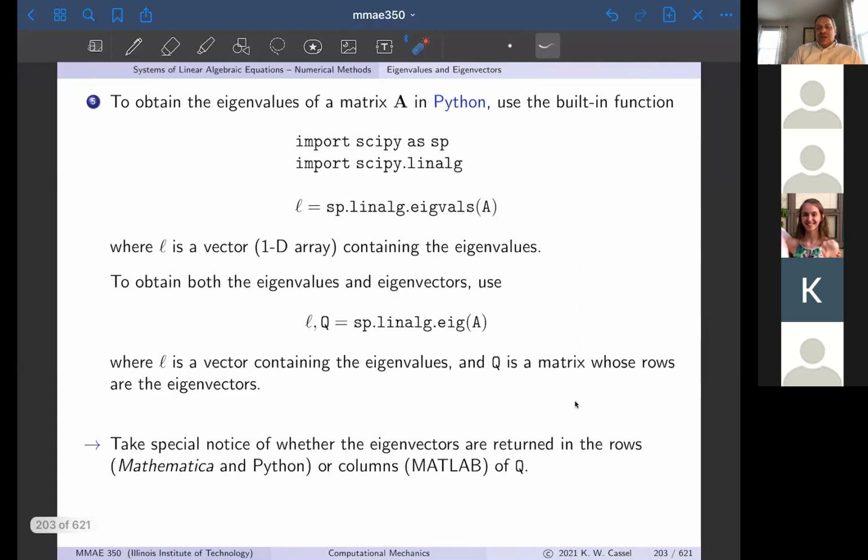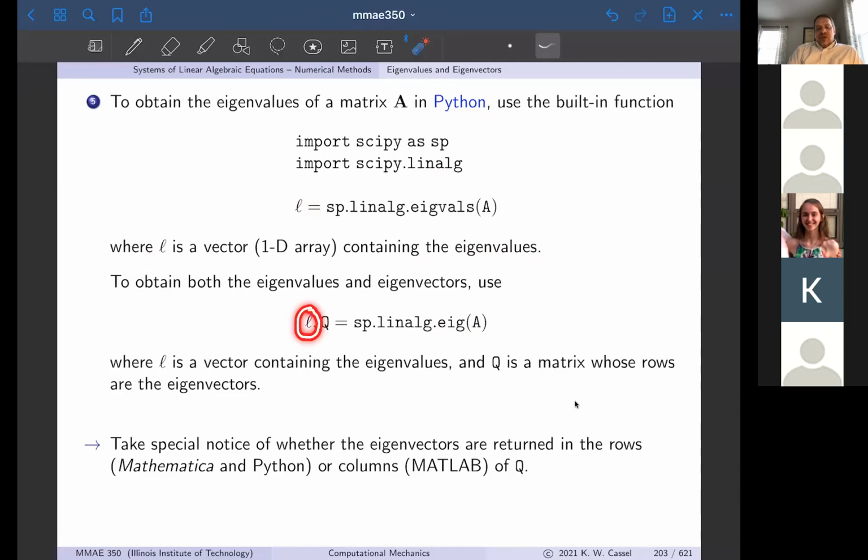We'll skip over Mathematica. In Python, you use the SciPy linalg package. So linalg eigvals of A will return a vector or a 1D array that contains the eigenvalues, just like in MATLAB. Or there's a linalg eig of A command, and that returns the vector of eigenvalues and the matrix of eigenvectors. So you can see a little bit of a difference here.